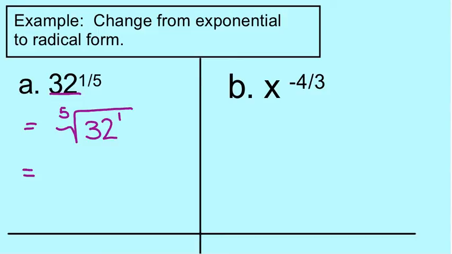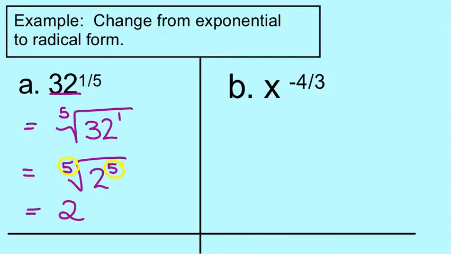Our index is 5, so we want an exponential that is the same index and power to match up. So I think, okay, 32. 2 raised to the 5th power is 32. So now you'll notice your index and your power match up. They'll undo each other. So your final answer then is a 2.